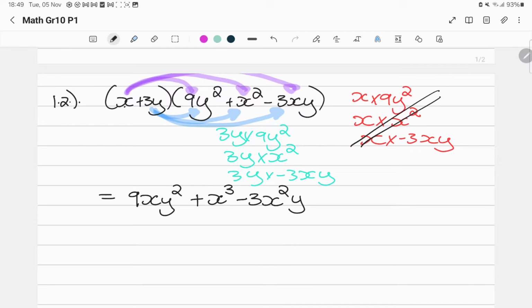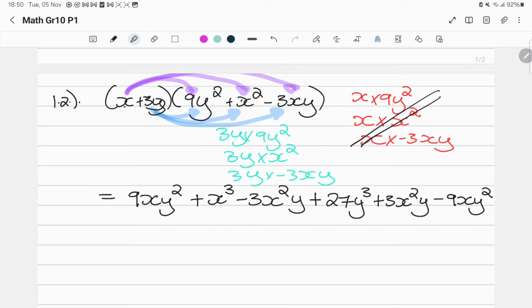Now we move on to the y. So now it's going to be 3y times 9y squared, which becomes plus 27y to the power of 3. And then 3y times x squared becomes 3x squared y. And then lastly, 3y times negative 3xy becomes negative 9xy squared.